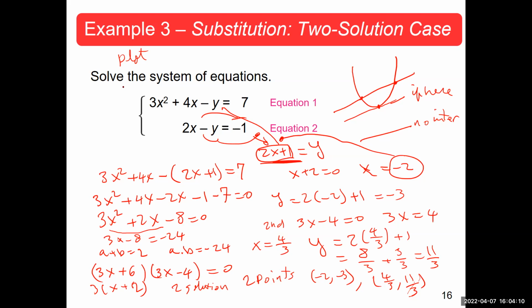So if I say here, x equals 0, then y equals -7. So 0, -7, this is the y-intercept. For the line, I don't need it because I already have 2 points.